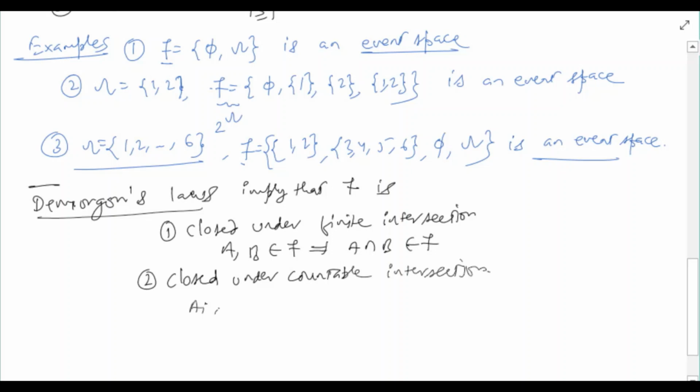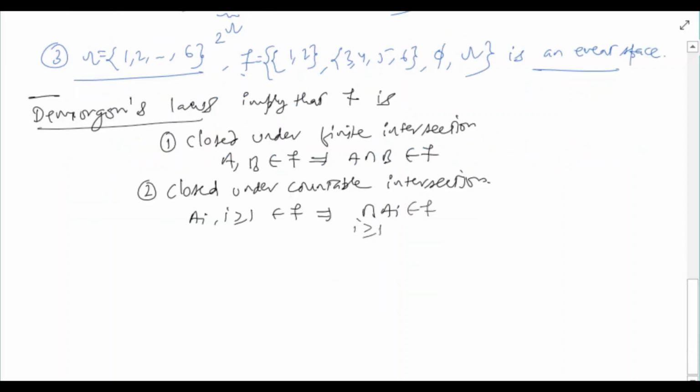That is, if A_i, i greater than or equal to 1, belong to F, then their intersection will also belong to F. The next notion is that of events. Elements of event space are called events. Elements of F are called events.